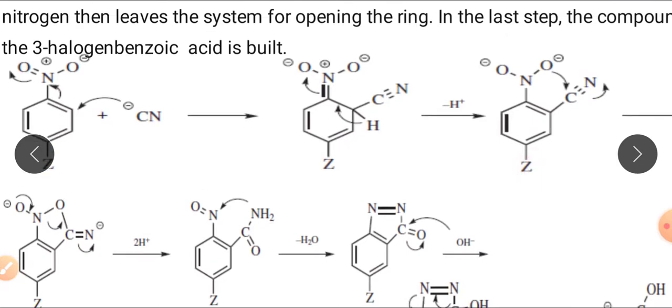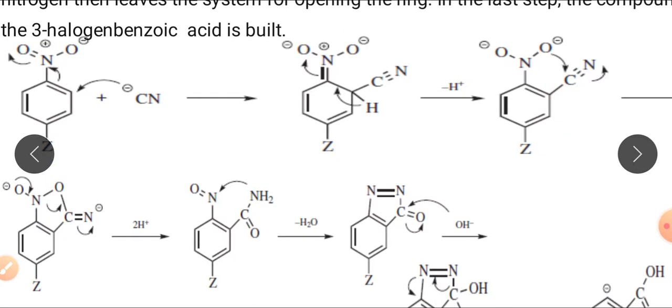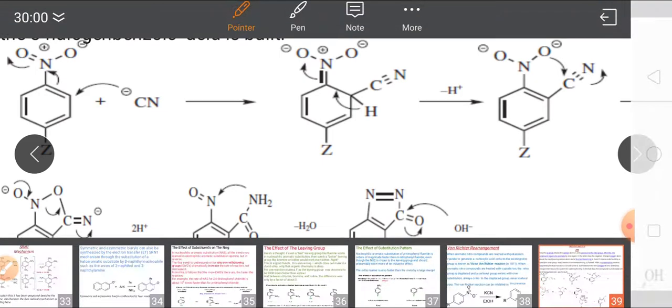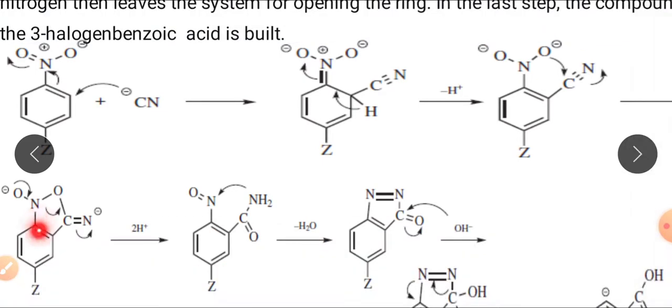When nitrogen is attached to this carbon, this oxygen with its electron pair will now attack this carbon with movement of electrons from the C triple bond N to nitrogen, right? So we can see that there is a formation of this, 1, 2, 3, 4 and 5. There is formation of a 5-membered ring, right?